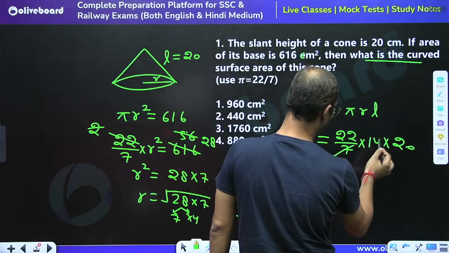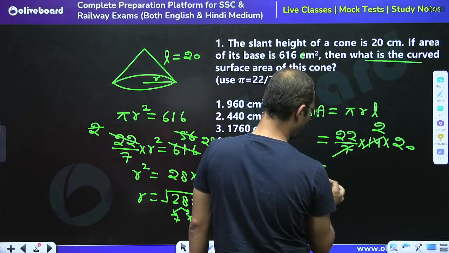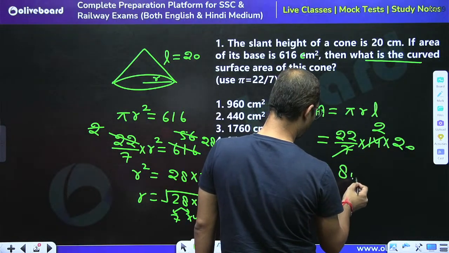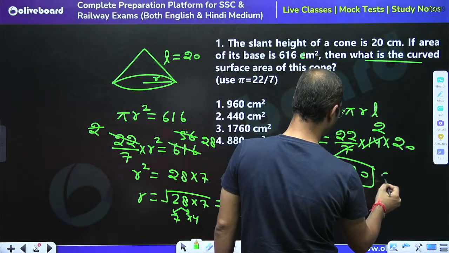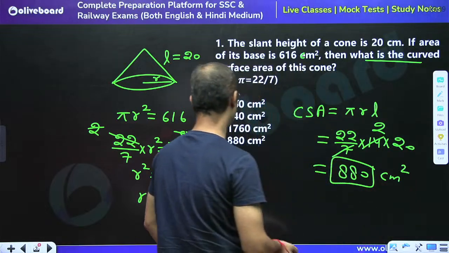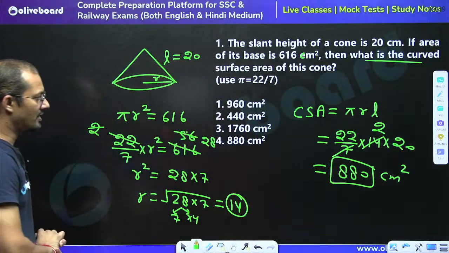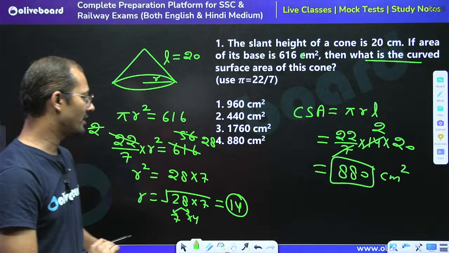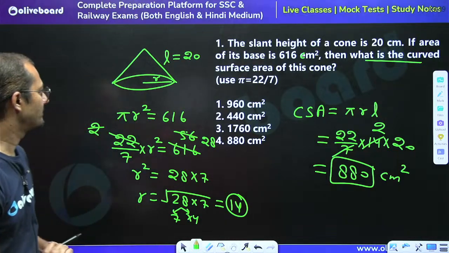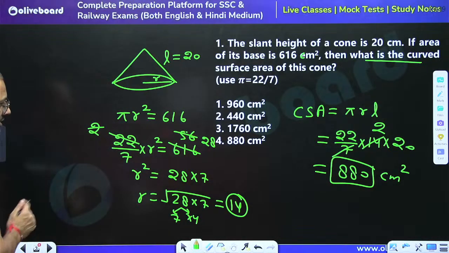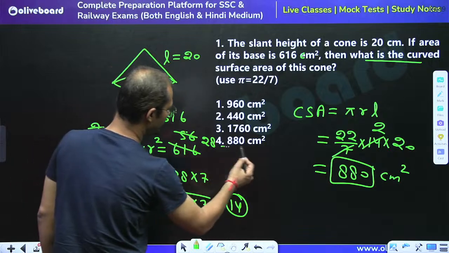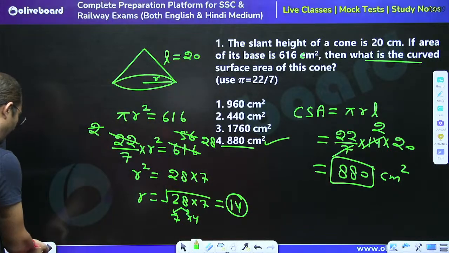So this will cut 2 times. So the answer is 880 centimeter square. 880 centimeter square is the right answer. Got it? So we can see that the fourth option is the right answer.